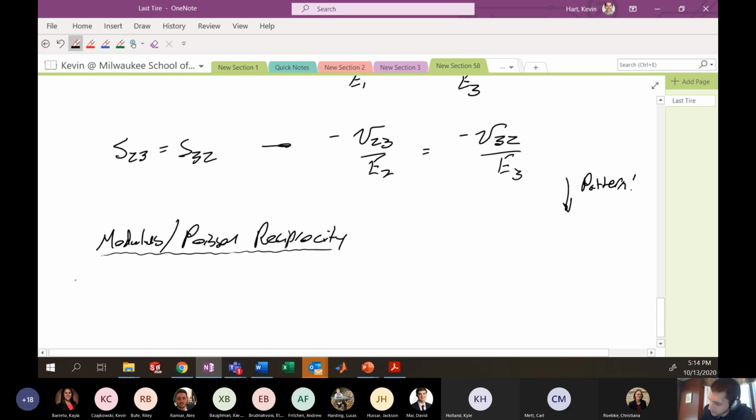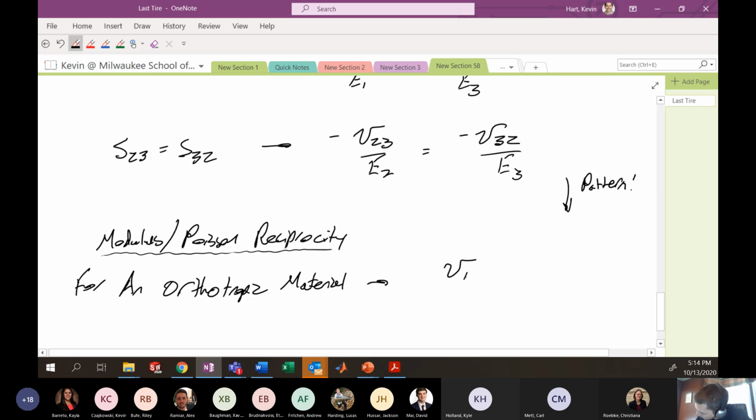And that generally says for an orthotropic material that this general relationship, nu ij over Ei is equal to nu ji over Ej. That is your modulus Poisson reciprocity.